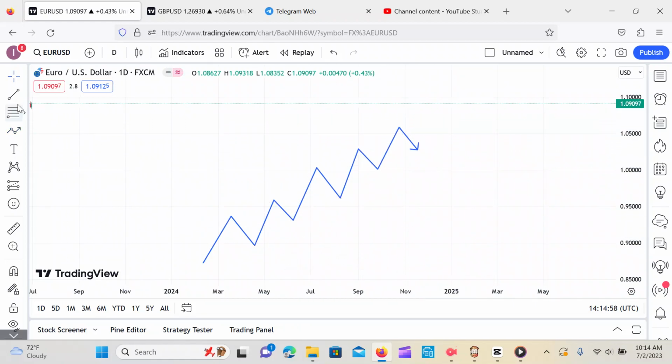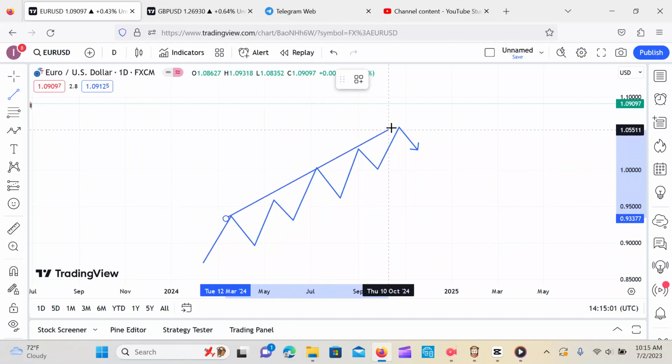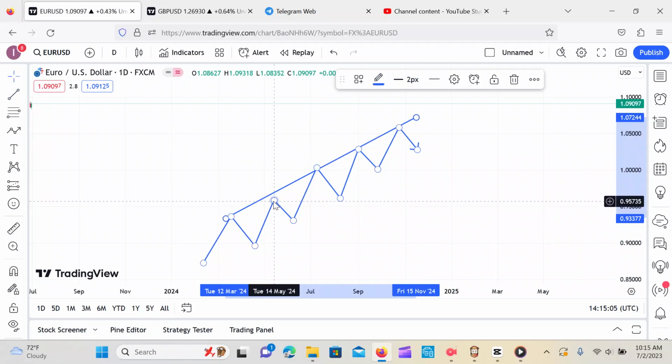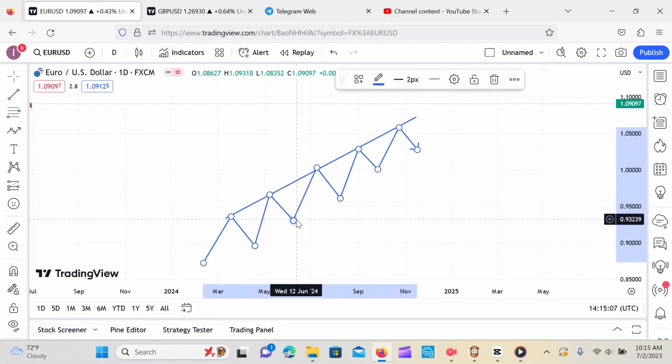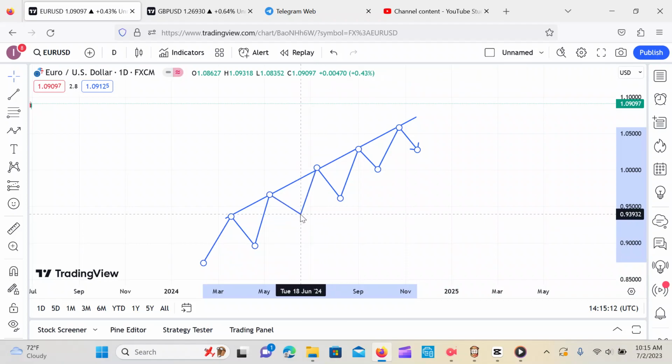Now, the purpose of your trend line is to connect prices together, two or more prices together, right? So I'm going to adjust this to fit what exactly we're expecting.